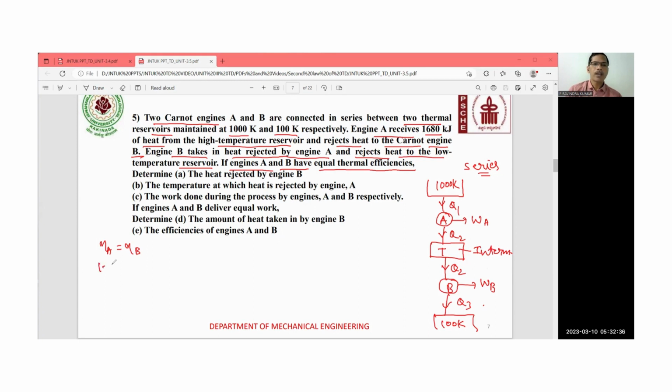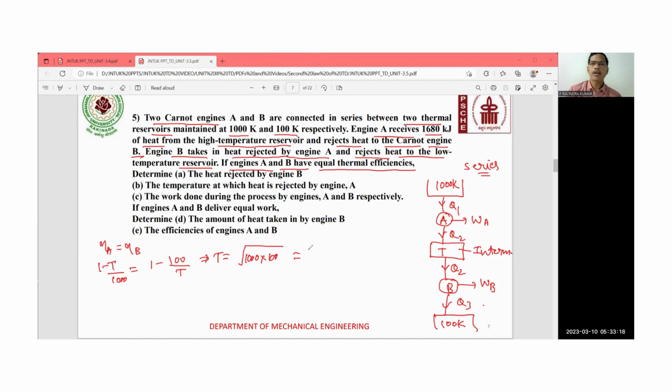So for this particular case, I need to find out the intermediate temperature T. For engine A, the efficiency is 1 minus T divided by 1000. And for engine B, 1 minus 100, because the low temperature is 100, divided by T. So from this, you can get the intermediate temperature as T equal to the root of T1 and T2, that is 1000 into 100.